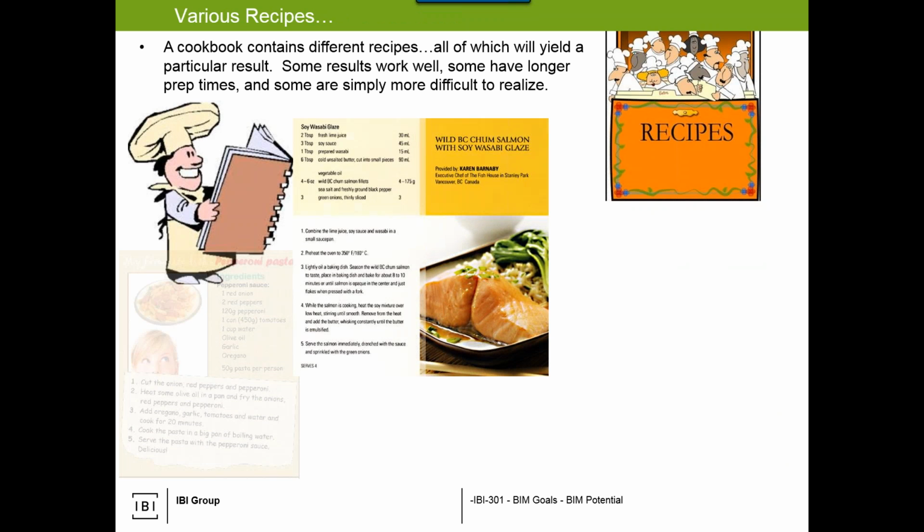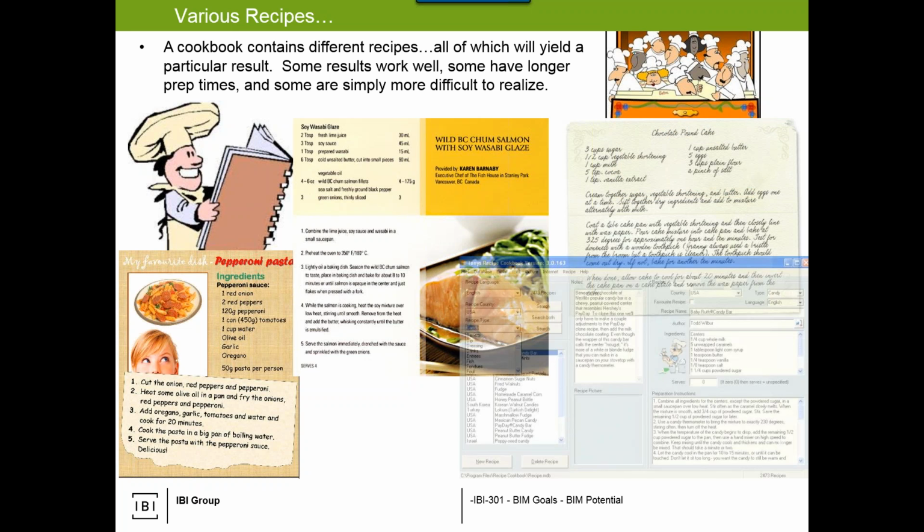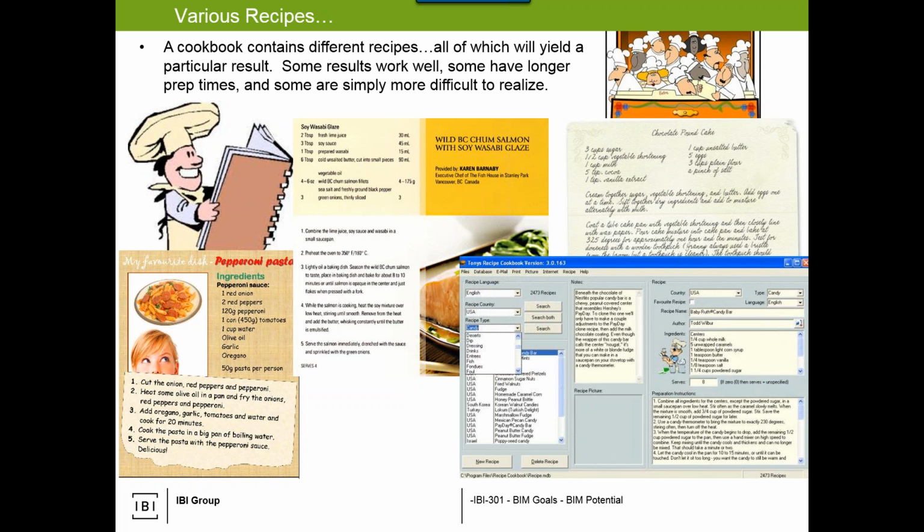And I describe it as you have some recipes that are good, efficient, repeatable, ones that you want to go back to over and over and over again. And then you have some recipes that are just ones that you would want to never use again and never have to repeat unless you're forced to due to client requirements.